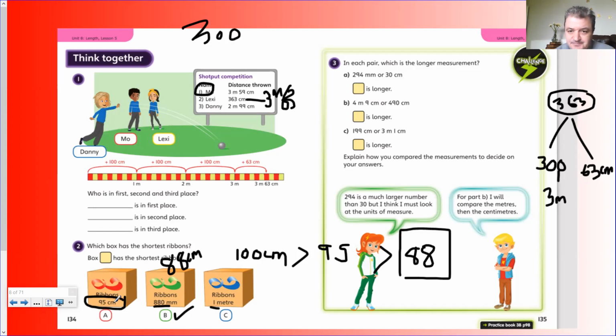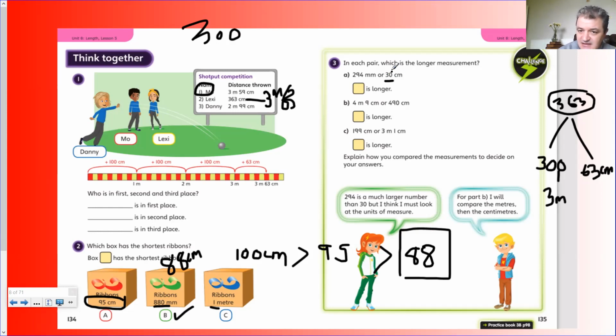Let's have a look at 3. We've got 2 measurements. Which is the longer measurement? Okay, 30 centimeters. I'm going to convert that into millimeters. I know that for every 1 centimeter, there's 10 millimeters.